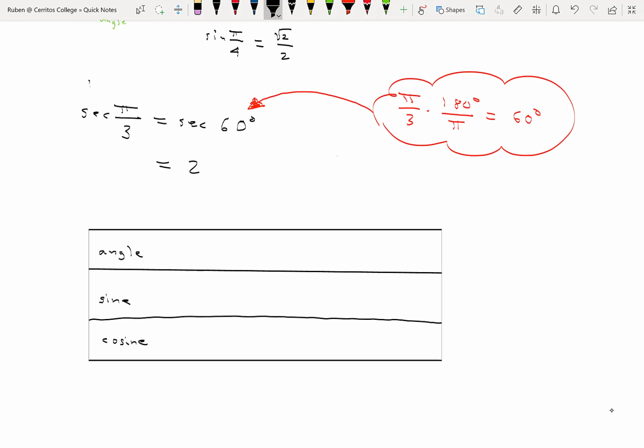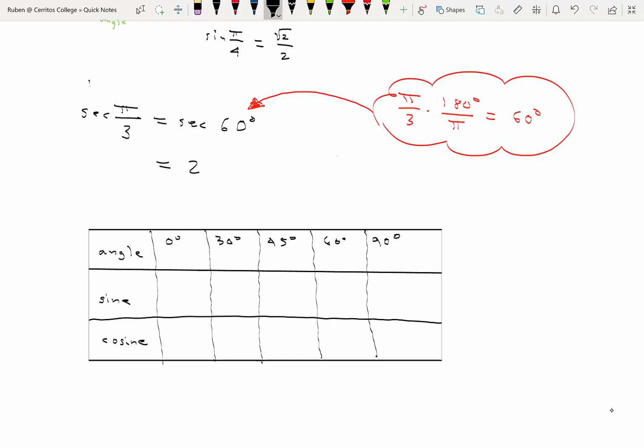Okay. And I'm going to divide up the chart into different segments. I'm going to put the angle 0 degrees, 30 degrees, 45 degrees, 60 degrees, and 90 degrees.